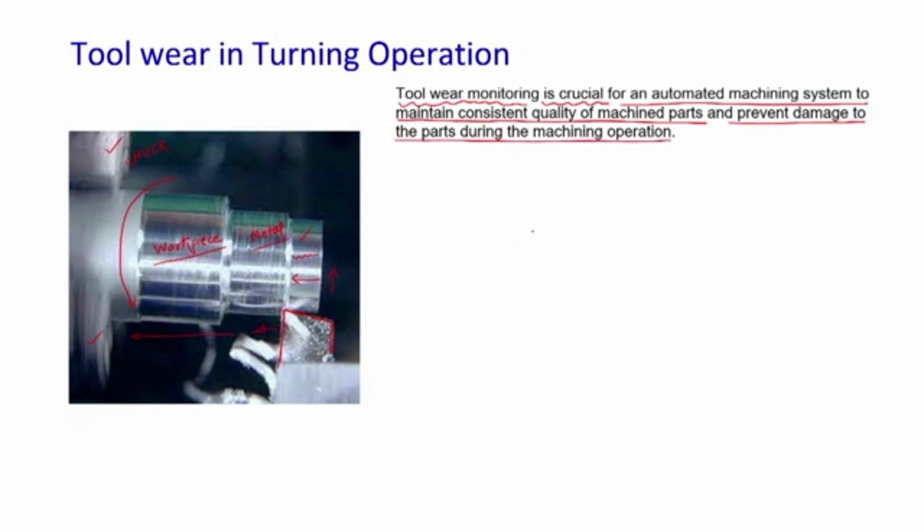Now, let us see where exactly the wear occurs. Let us consider a cylindrical part, and we have to turn this cylindrical part, that is, reduce its diameter.